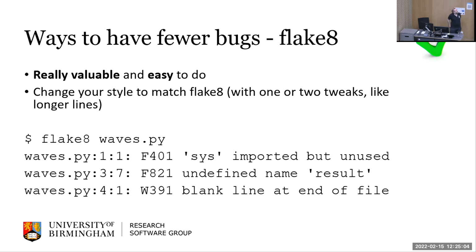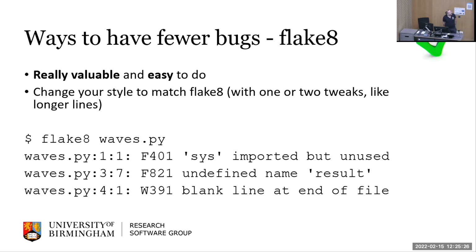Blank line at end of file is not a bug. Don't know if you know that. That's perfectly reasonable. You might want a blank line at the end of your file. If you're using Flake8, by default, it will say, I don't like that. You can choose to ignore that error, and you can put that in your Flake8 config and say, ignore that error, don't care about it.